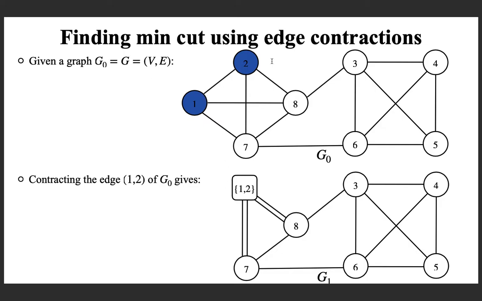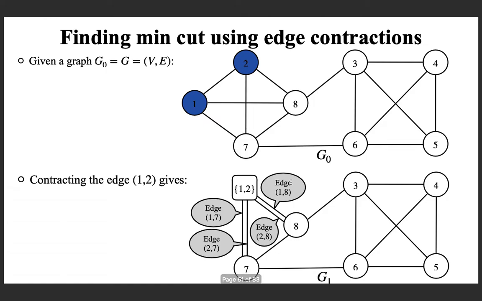So you are combining 1 and 2 into a single vertex, and what are the edges getting added? This is the edge representing the edge 1 7, and this one is representing the edge 2 7, and this one represents the edge 1 8 in the original graph, and the other one represents the edge 2 8 in the original graph.